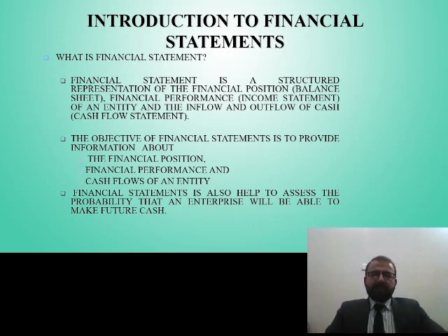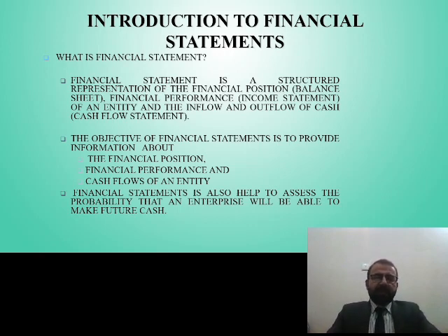A financial statement is a structured representation of the financial position, also known as the balance sheet, and financial performance, the income statement, of an entity, and the inflow and outflow of cash, also known as the cash flow statement. The objective of financial statements is to provide information about the financial position, financial performance, and cash flows of an entity.